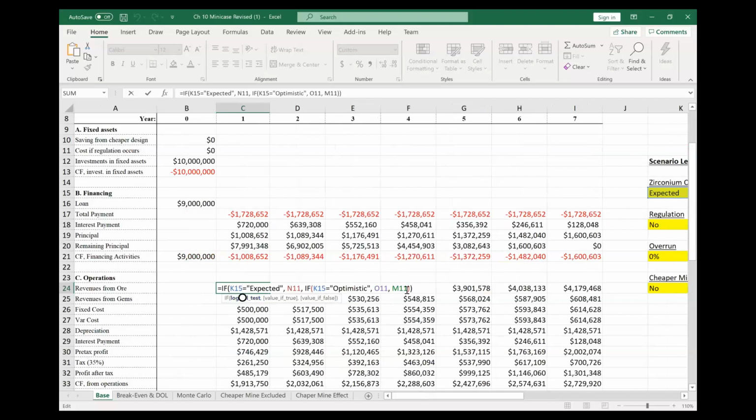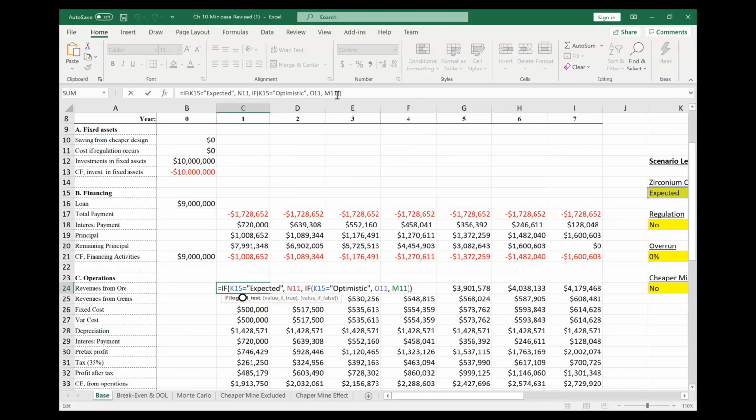I can either provide 3 different if statements, or just 2, and because there is only 1 case left, I will just say if none of these conditions are met, use M11. Okay, I tried doing 3 different if statements in one, so I'll go back and do the 2 that you did.